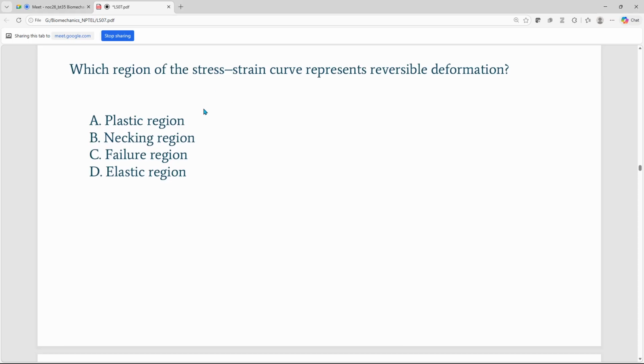Next question: which region of the stress strain curve represents reversible deformation? Options are option A, plastic region; option B, necking region; option C, failure region; option D, elastic region.